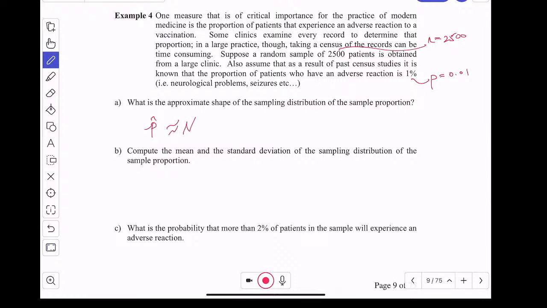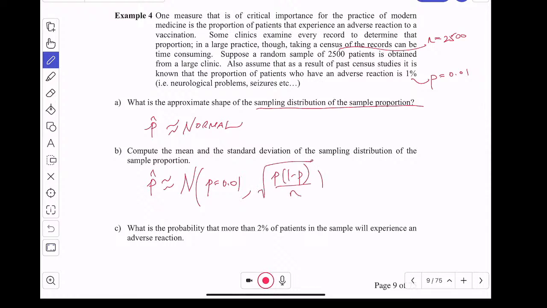P hat, the sampling distribution of the sample proportion, is approximately normal. It's a long statement, but that refers to the symbol. That's why we use a simplifying symbol. Now compute the mean and standard deviation for this. The distribution is approximately normal with a mean of P and a standard deviation of the square root of P(1 minus P) over N. Where did I get this from? Again, it's number 2 of the formula sheet. So I can calculate that.